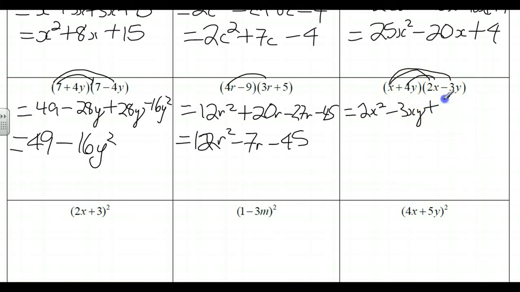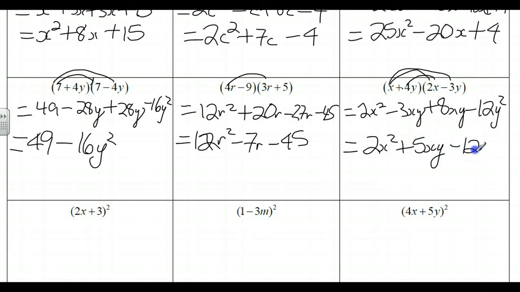We always put our terms in alphabetical order so that we can see these are like terms. We're going to collect them: plus 8 minus 3 gives plus 5xy, then minus 12y squared. Simplifying, 2x squared plus 5xy minus 12y squared.